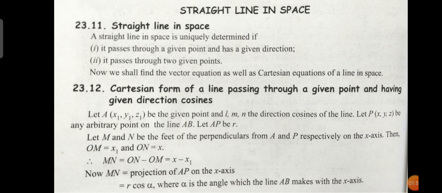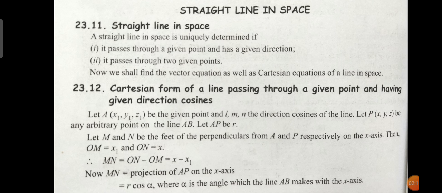Then OM is x1 and ON is x. For ease, you should draw these lines. Then you can find MN, that is ON minus OM, that is x minus x1.